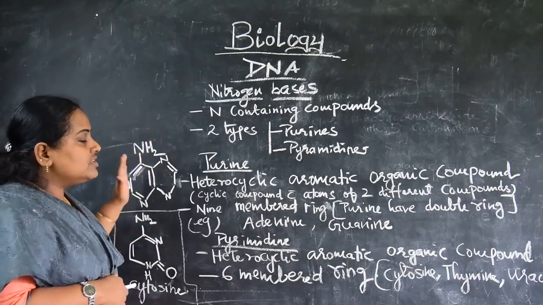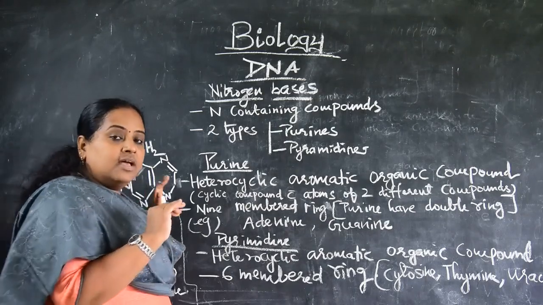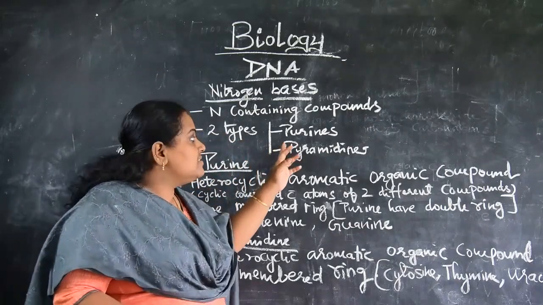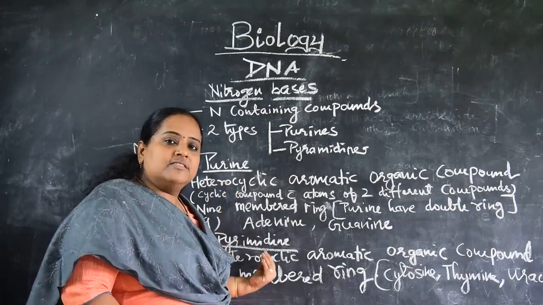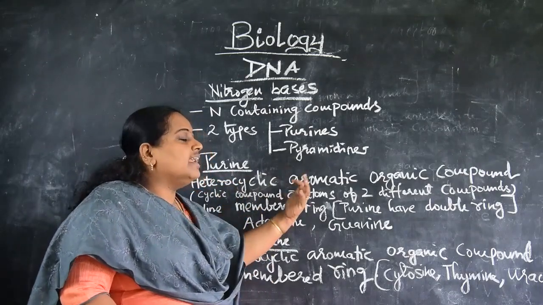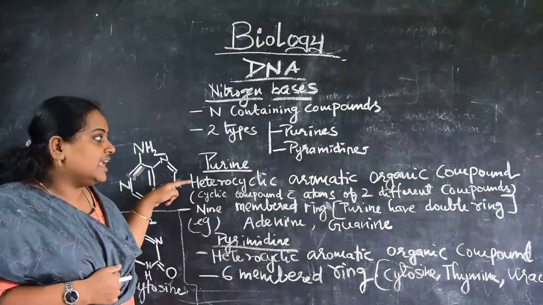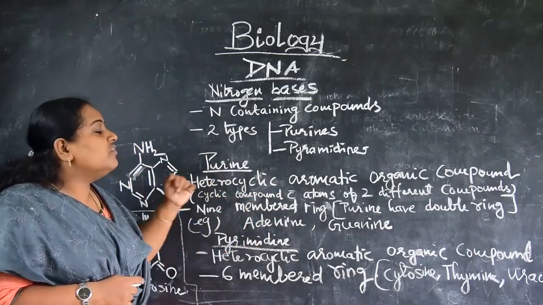So the nitrogen bases are nitrogen-containing components, and there are two types, purines and pyrimidines. Both are heterocyclic aromatic organic compounds. What is the meaning of heterocyclic?